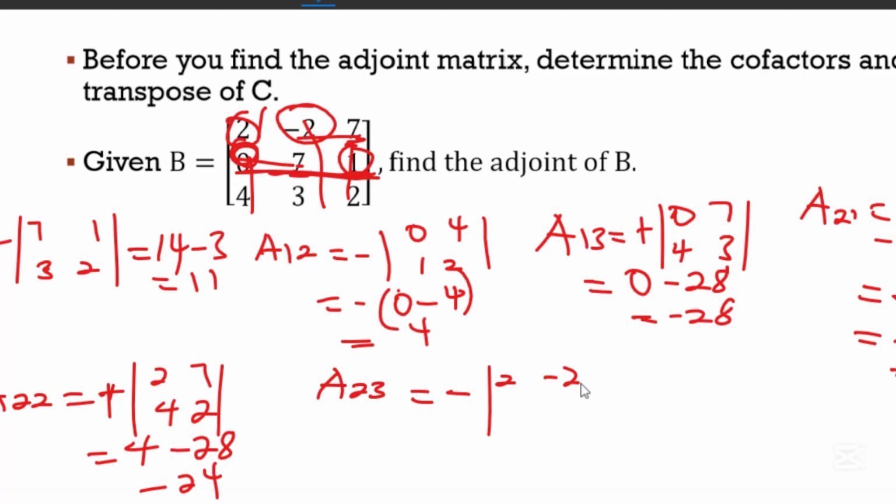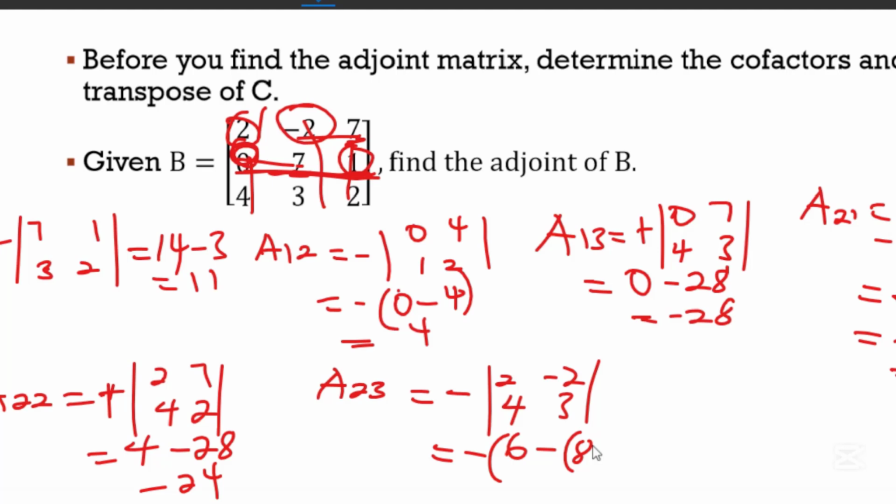So we have negative into bracket 2 times 3 is 6, 4 times -2 is -8, because it's already minus. So -6 into bracket +8, and that gives us -14.